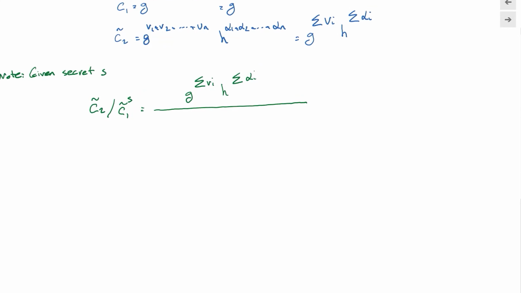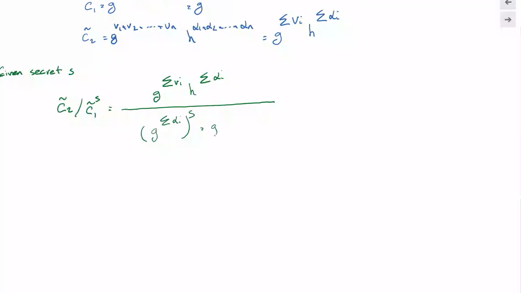It's interesting to see that C1 to the S would become G to the S sigma of alpha I, and G to the S was our H, right? So if I go back, when we get the secret, we let H become G to the S.